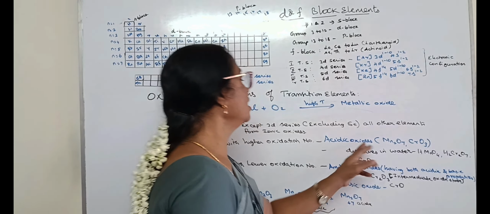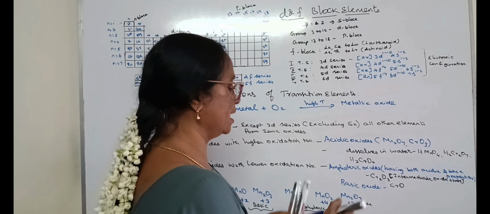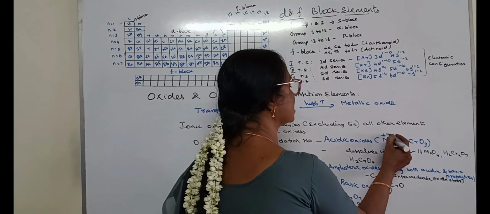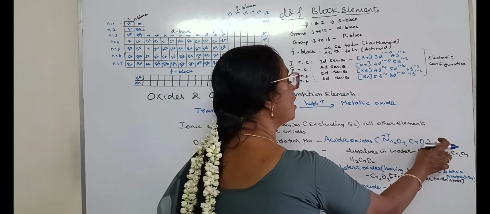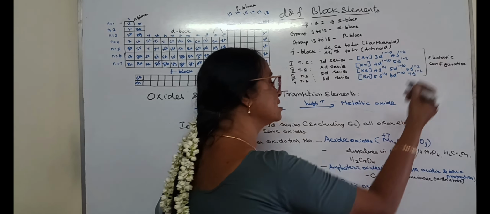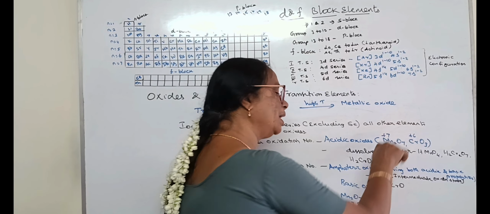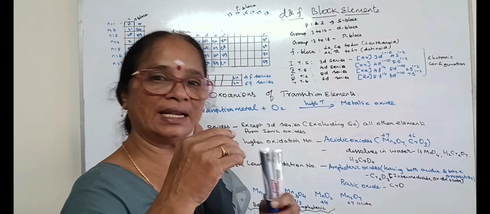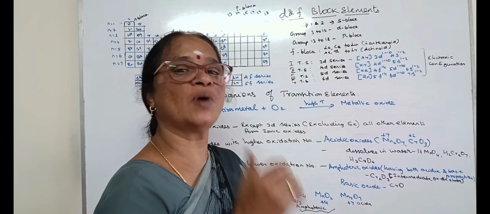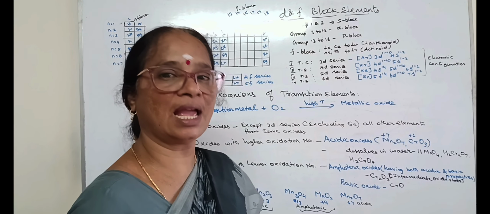For example, Mn2O7, in its +7 oxidation state, and chromic oxide, in its highest oxidation state of +6, are both acidic oxides. They dissolve in water to form their corresponding acids.